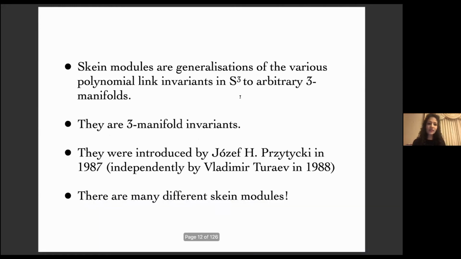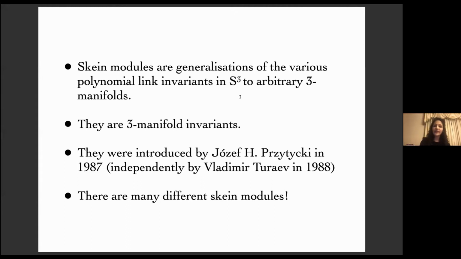So Skein modules were introduced by Józef Przytycki in 1987 and independently by Vladimir Turaev in 1988. They are 3 manifold invariants, and there are many different Skein modules. And what all of these Skein modules try to do is capture some information about the manifold to which they're associated based on the kind of knot theory that that manifold admits.